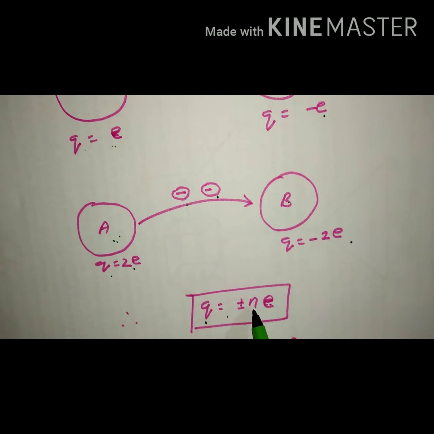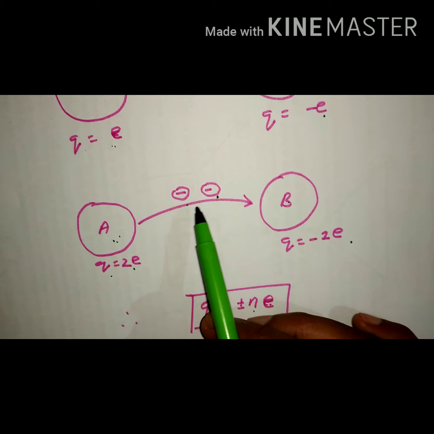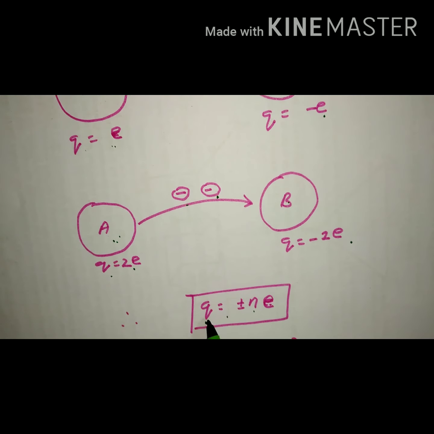So if only 1 electron gets transferred from one body to another, the charge will be plus 1e or minus 1e. If 2 electrons are transferred, the charge will be plus 2e or minus 2e.